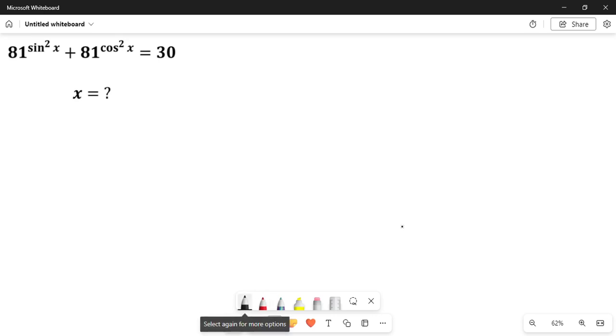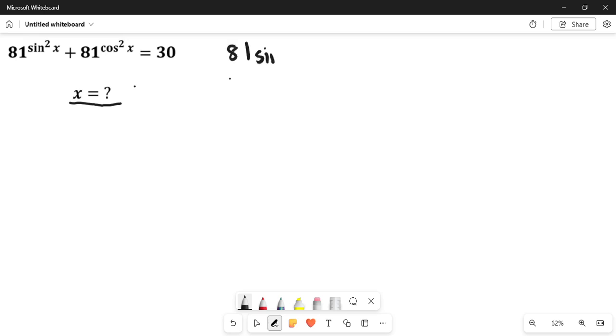So, right, let's see. 81 to the power of sine square x plus 81 to the power of cos square x equals 30, and it wants you to solve for all the values of x, but it didn't include a range, so I think it's just the answer lah. So firstly, I'm just gonna rewrite this real quick.